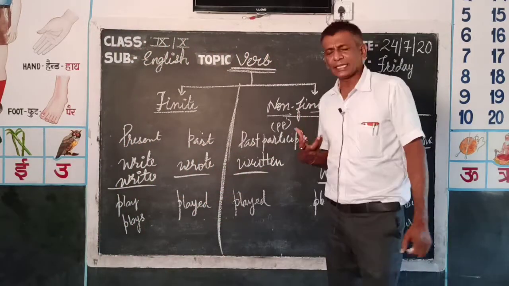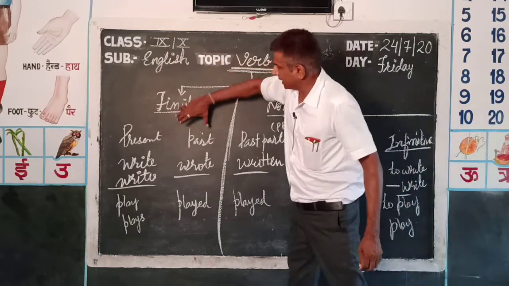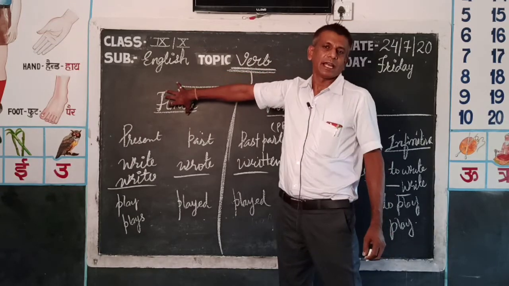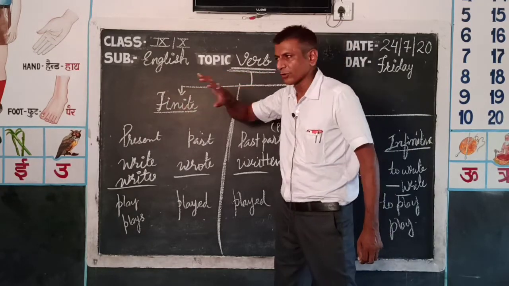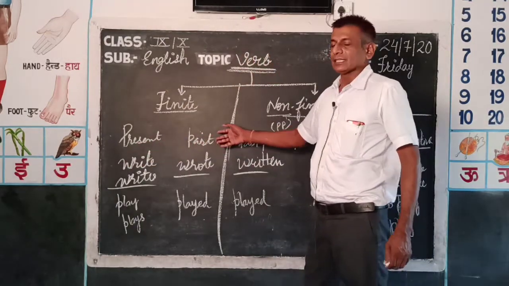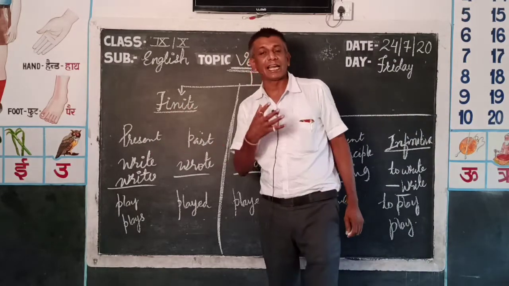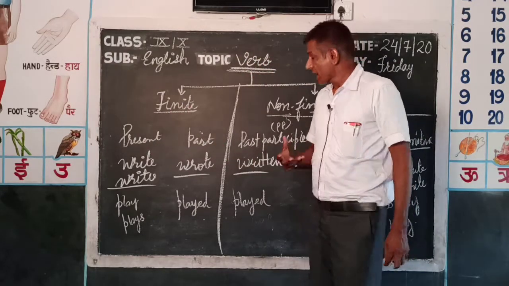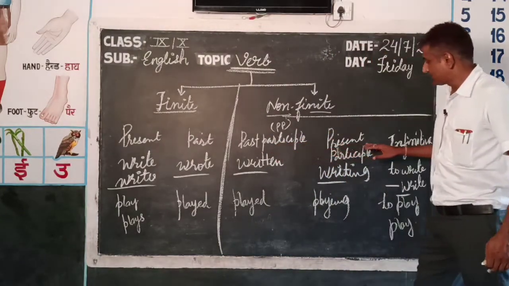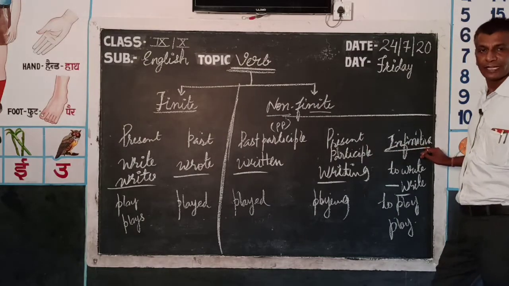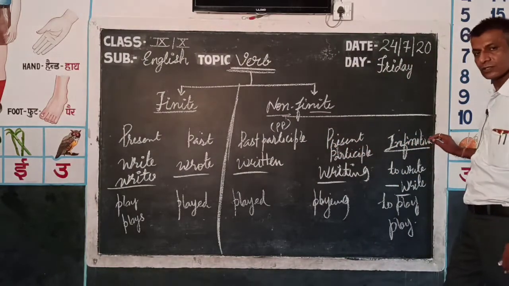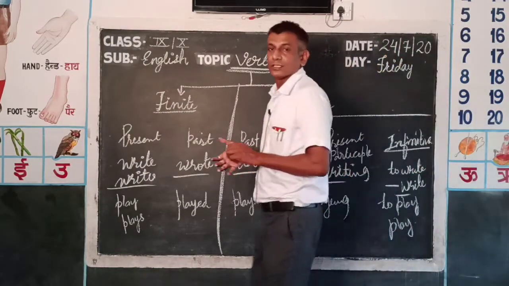Now, the point is, these present and past forms are called the finite verbs. Now you will understand easily: the present form and the past form, these 2 forms, are called finite verbs. And past participle, present participle, and infinitive, these 3 forms are called non-finite verbs.